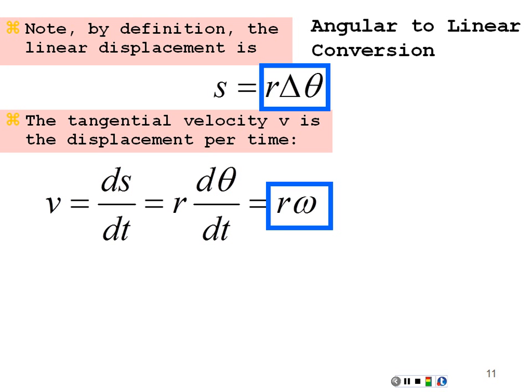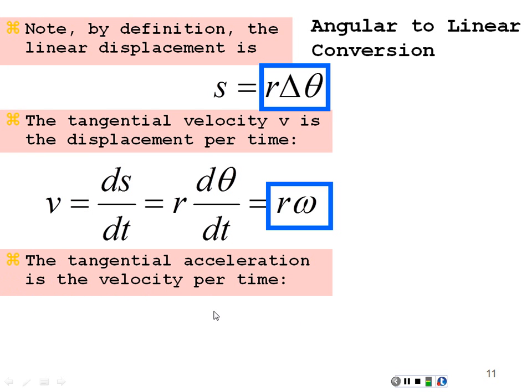And that's why different points on this wheel will have different linear velocities. The whole wheel has the same angular velocity, but a point on the rim has a greater linear velocity because it's r times omega, while a point to the interior will have a lesser r, but the same omega. So they'll have that kind of ratio of linear speeds.